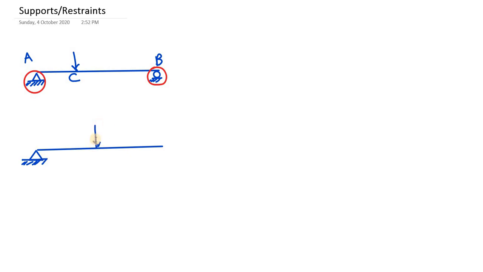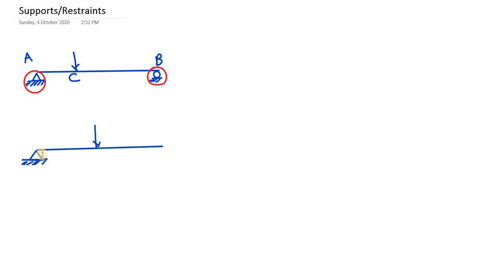Now if I apply some load to this beam, this support will make sure that this beam does not translate vertically, upward or downward. If it doesn't move upward or downward, it will make sure that this beam does not translate in the right or left direction.